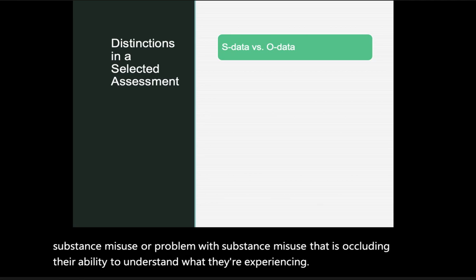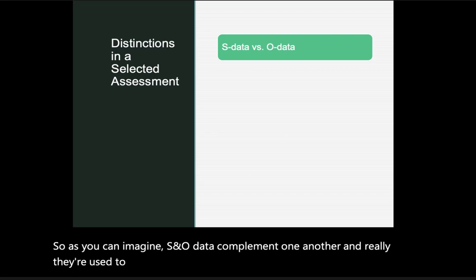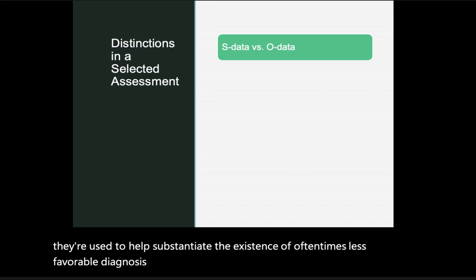So as you can imagine, S and O data complement one another, and really they're used to help substantiate the existence of oftentimes less favorable diagnoses that someone might not always have insight into.